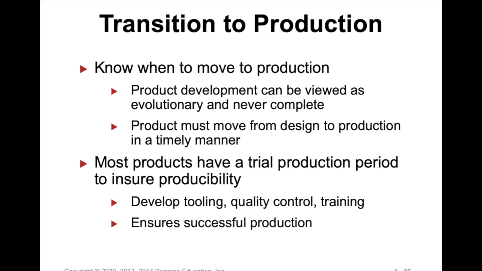So one of the arts of management is knowing when to move a product from development to production. This move is known as transition to production lah. So kita tengok we have what they call a trial production period to ensure that the product can be produced. So they ada gunakan develop tooling, quality control and training, and they try to ensure that they achieve a successful production. Okay, so that is for design of goods and services.